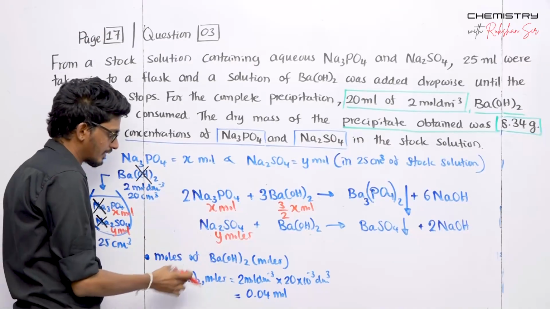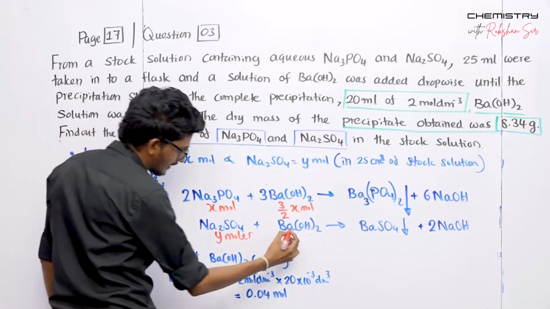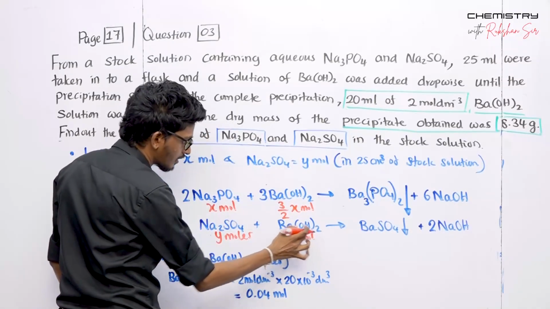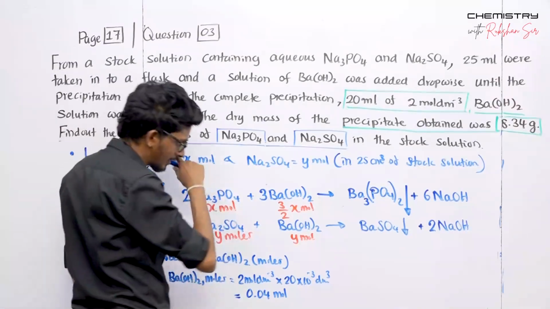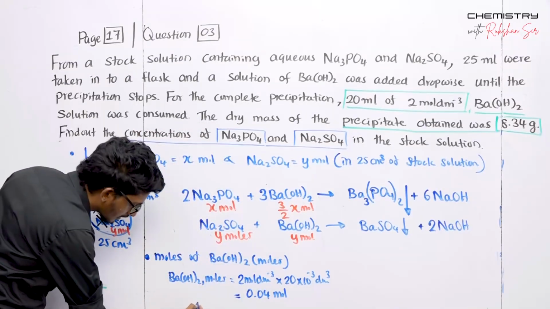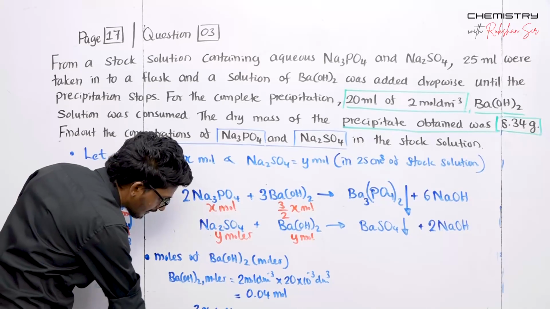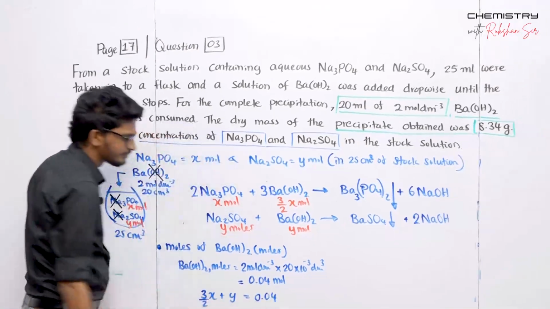What about this? This is a 1:1 ratio, so it is simple. So y moles means here also y moles, right? So the amount of moles of barium hydroxide in terms of x and y is going to be 3/2 x plus y, which is going to be equal to 0.04.